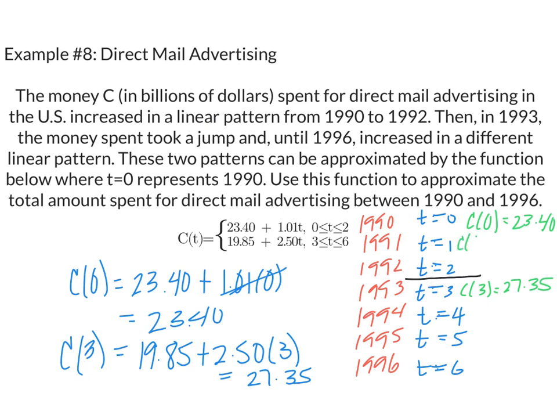So c of 1 is 2441. c of 2 is 2542. c of 4 is 2985. c of 5 is 3235. And c of 6 is 3485.